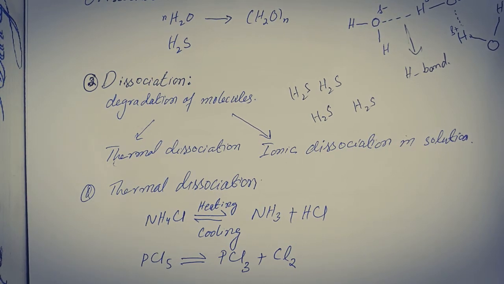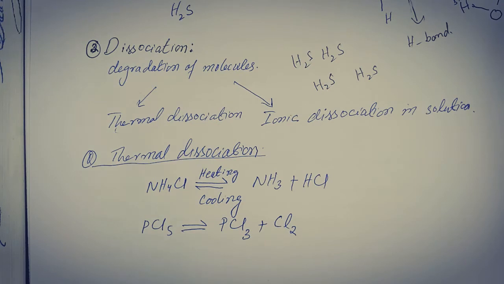So thus the dissociation is a reversible process in which dissociation produces the products which are in equilibrium with the dissociated substances. The second kind of dissociation is known as ionic dissociation.